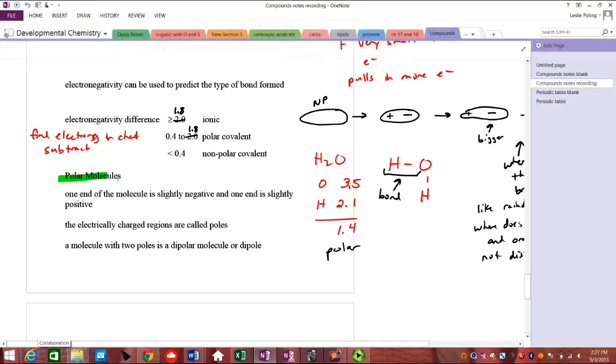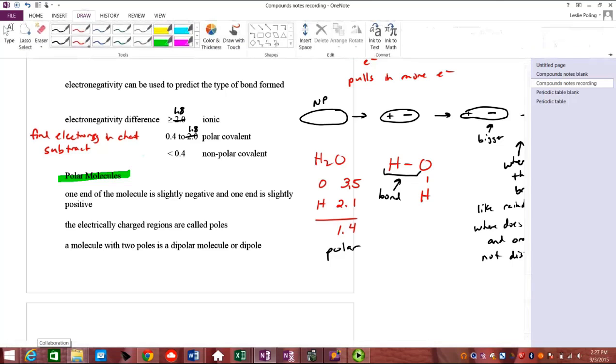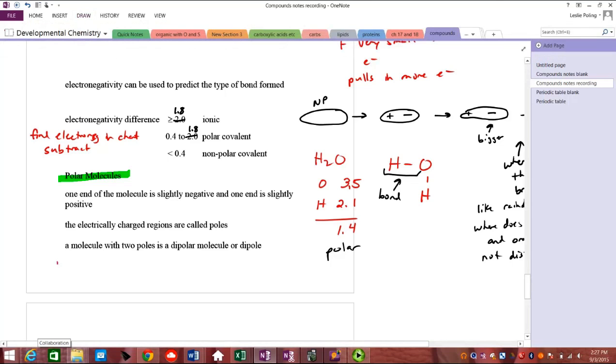Now to decide if the whole molecule is polar, we need to look at the shape to judge symmetry in addition to this.